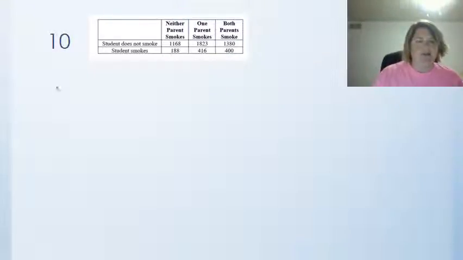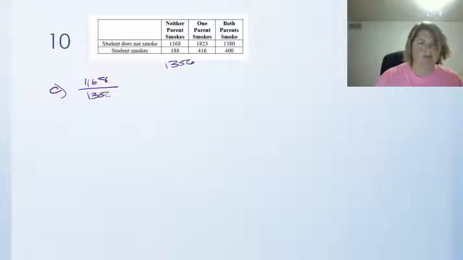All right, and then finally part C talks about conditional distributions of student smoking behavior. So we're looking at students who do not smoke given that neither parent smokes, right? So we're still using these totals here. So neither student smokes out of the fact that, the students do not smoke given that neither parent smokes.